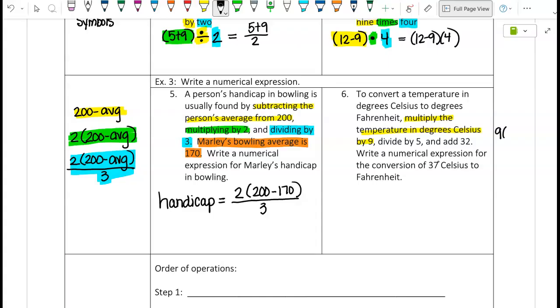So we're going to have 9 parentheses, and whatever that Celsius temperature is, that is 9 times the degrees Celsius. Then it says divide by 5. So now I have 9 Celsius. Divide that by 5.